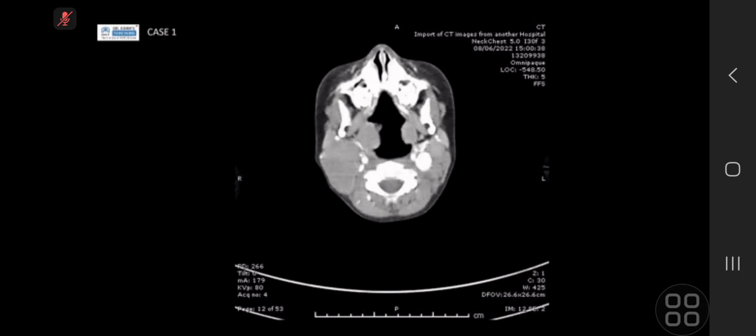The first for me, this could be a paraganglioma, a carotid body tumor that's splaying the internal and external carotid artery. I don't see another same lesion on the other side. It is bilateral in about 30%. I need to see also the coronal view to exclude other paragangliomas.